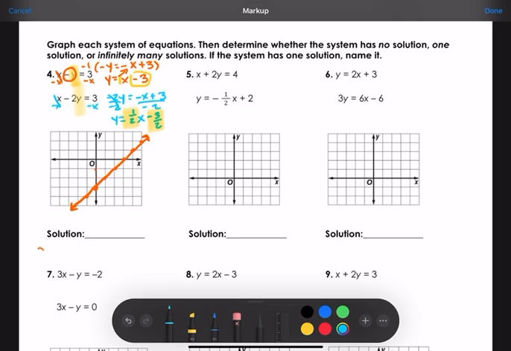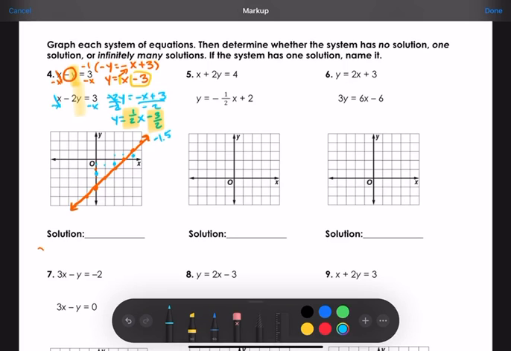So I'm going to go ahead and plot that. Negative 3/2 is the same as negative 1 and 1/2. So I'm going to start at negative 1 and 1/2, which is halfway between the lines. And then I just want to be careful with my slope. If I'm going up 1, I'm staying halfway. I'm going over 2. Haven't intersected yet. Up 1 over 2.